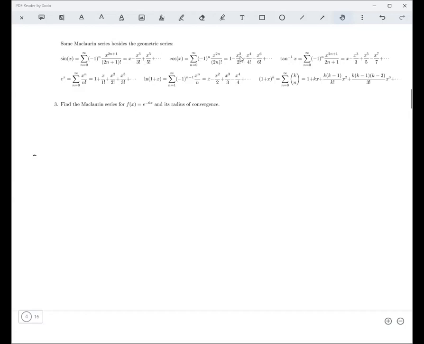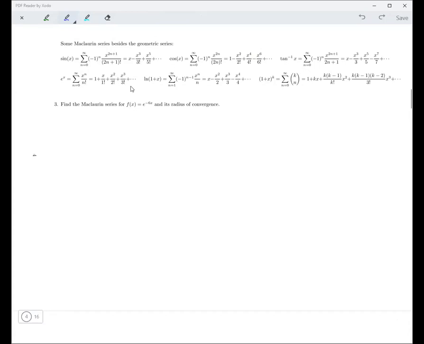And here's cosine. And here's inverse tangent. The exponential function, e to the x, is this one. The log of 1 plus x. Now we did this one already. And we also did inverse tangent. Those can be derived from the geometric series. And then this is called the binomial series.